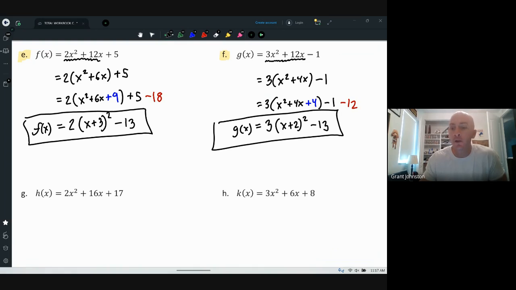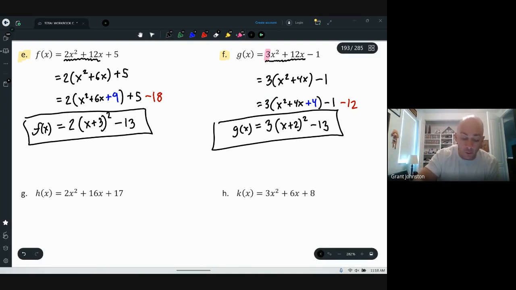All right, so pretty challenging there. There's another method you can do these with. You could also just do negative b over 2a, plug it in, calculate the vertex, and then write it in vertex form from there with the a value from the start.